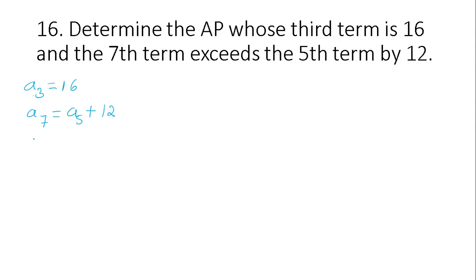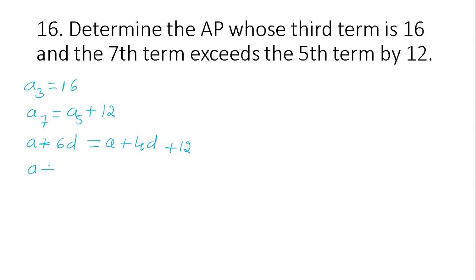We know that by using the general form of AP, A7 is equal to A plus 6D, and A5 is A plus 4D. We can write A plus 6D is equal to A plus 4D plus 12.